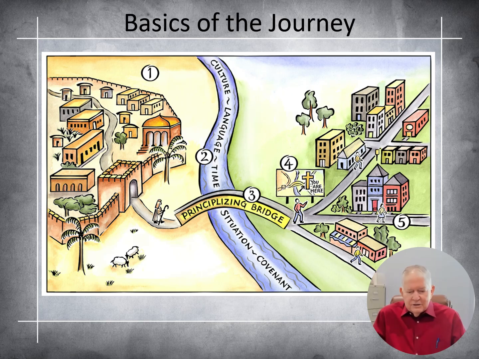So here's the setup. And it has to do with interpreting Scripture. It has to do with understanding it. But you see the river that separates them. And what separates them, as written in the flow of the water here, is culture, language, time, situation, and covenant.